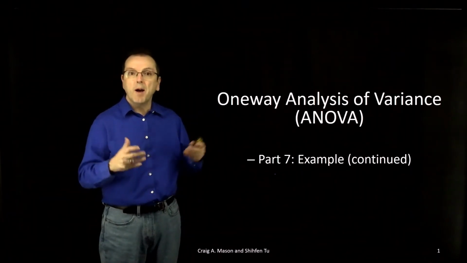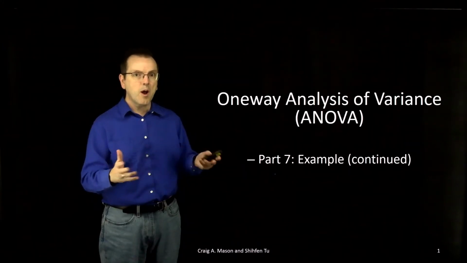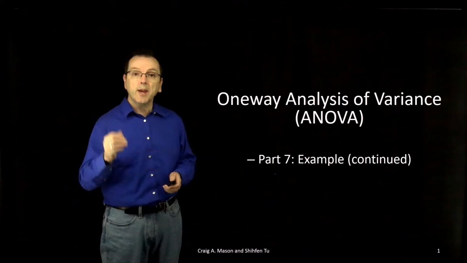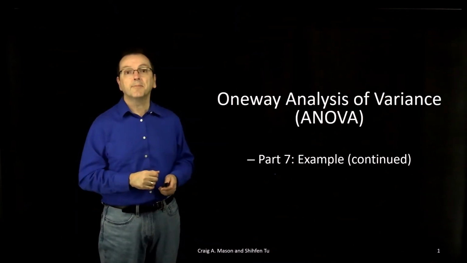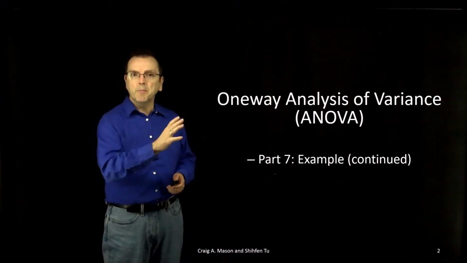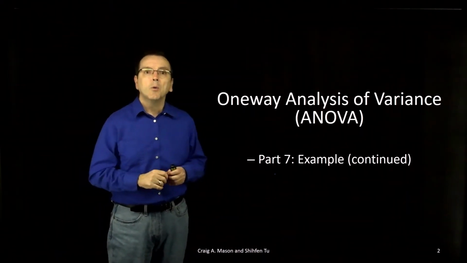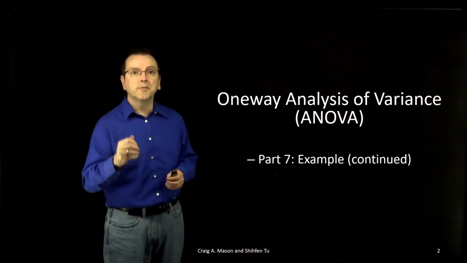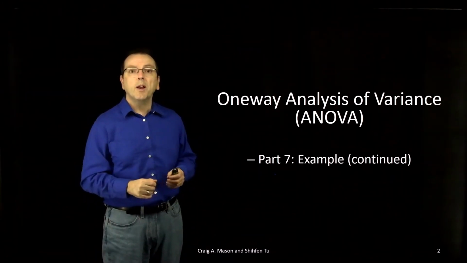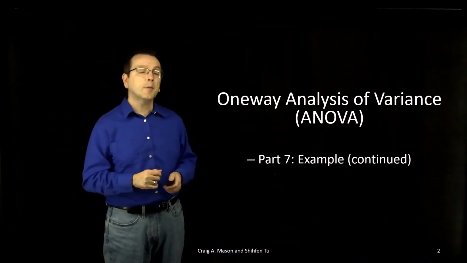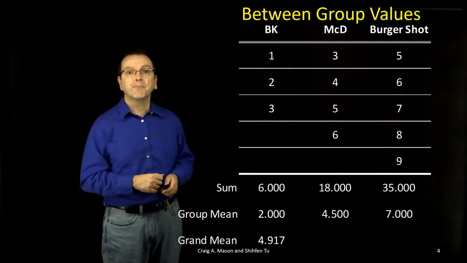We posed our hypotheses, looked at the raw data, and began this series of analyses needed to calculate our F statistic. We got through the within group components, and in this video we'll now determine the between group sum of squares, degrees of freedom, and variance, as well as the F, the p-value, and our statistical and substantive conclusions.